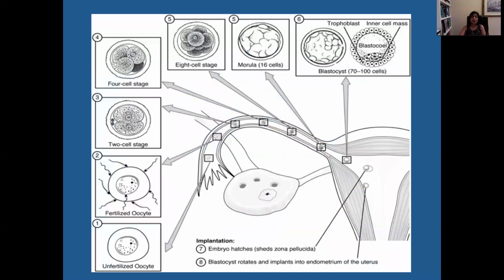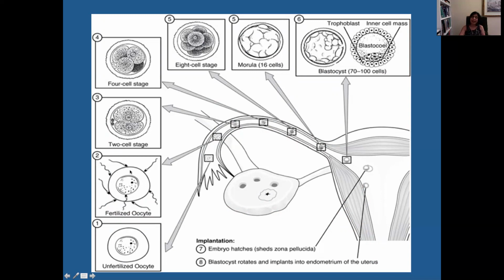We will take a look here at the steps that are involved. You're looking at the oocyte here, and then it's released into the fallopian tube, and now there is the sperm making its way into the cytoplasm of the secondary oocyte.